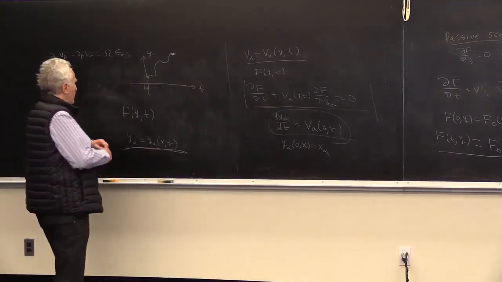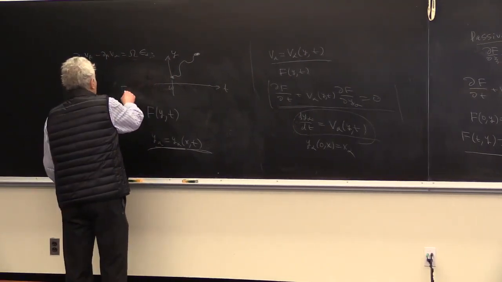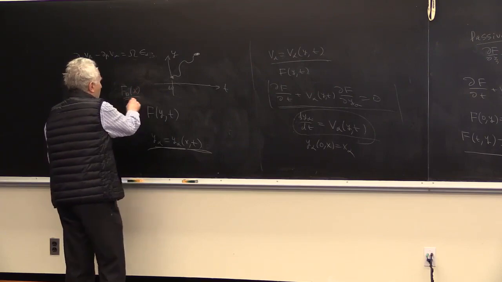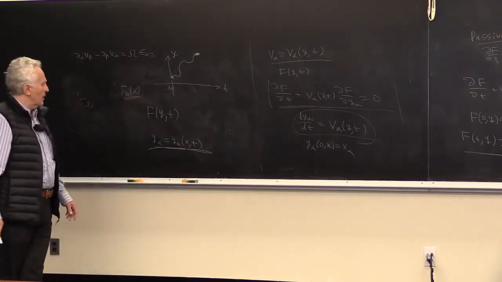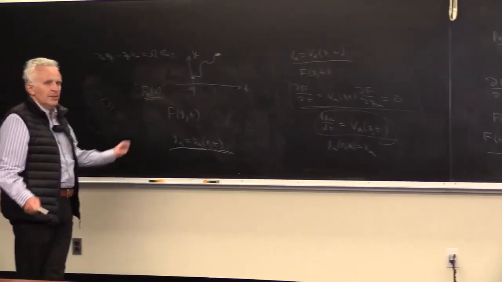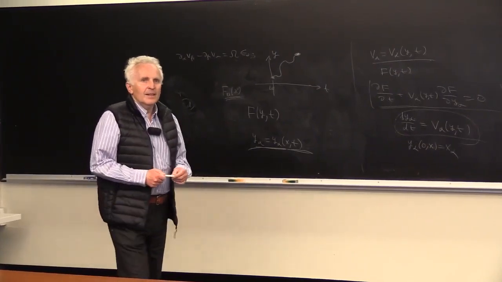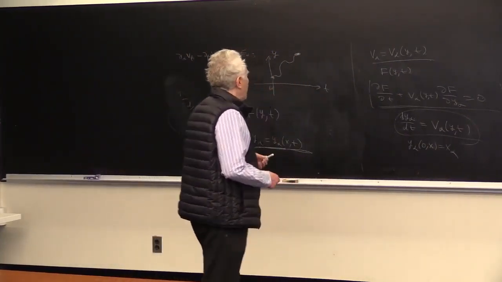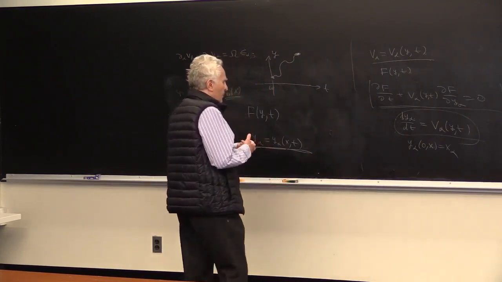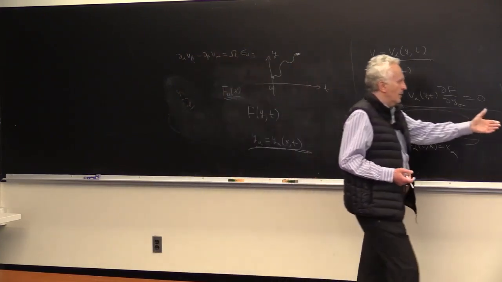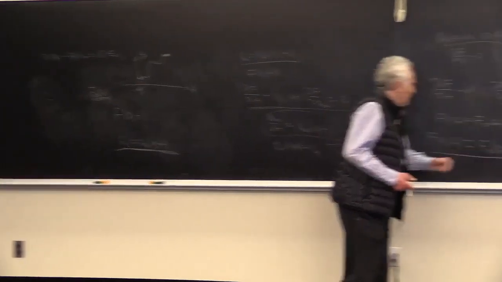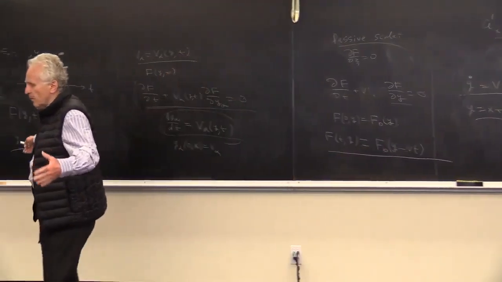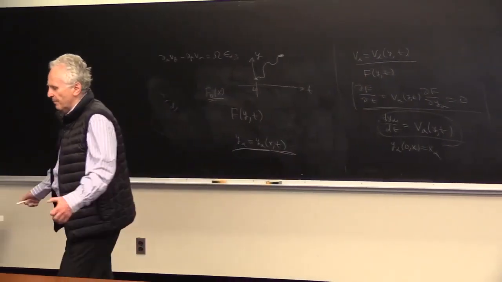Suppose you know f0, the initial value f0 of x. So tell me what to do with this. How can I immediately write down the explicit answer? If I know this, I more or less know the answer.